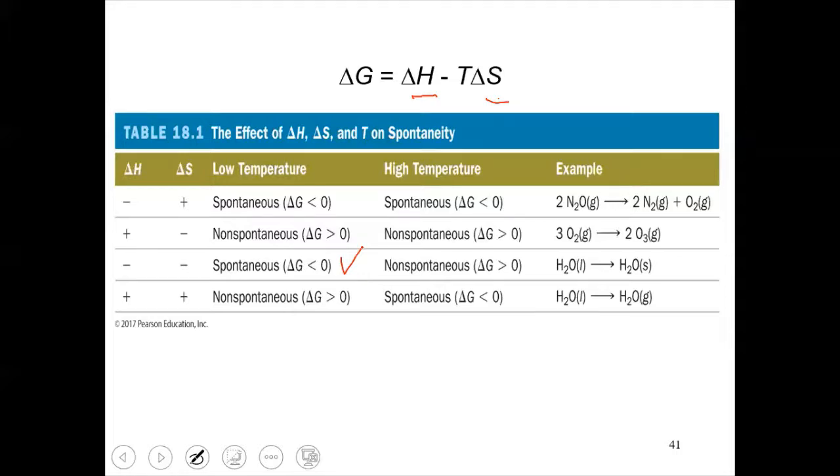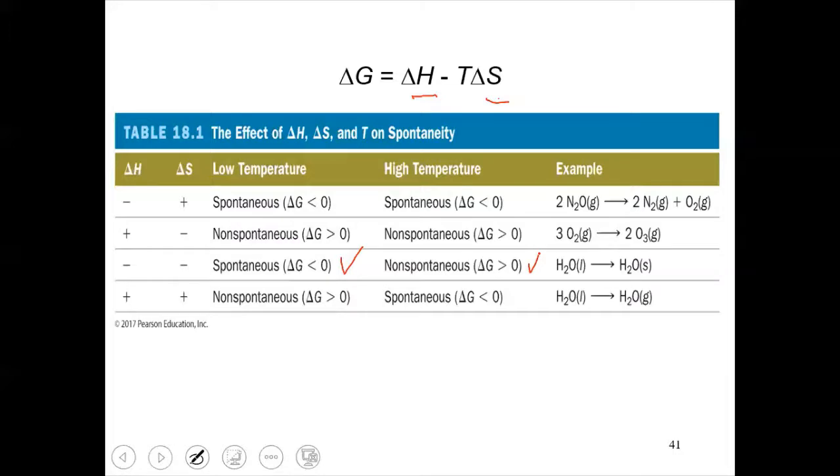At high temperature, though, what might happen is that the second term becomes significantly larger. And since it's coming in positive, it might offset the delta H value and turn the reaction into a non-spontaneous range. So you can see, for example, the freezing of water.